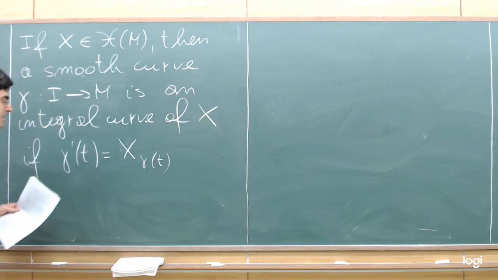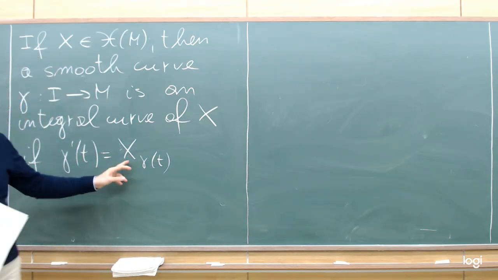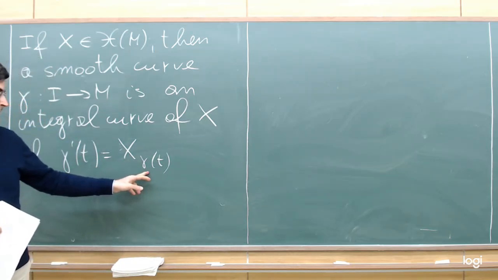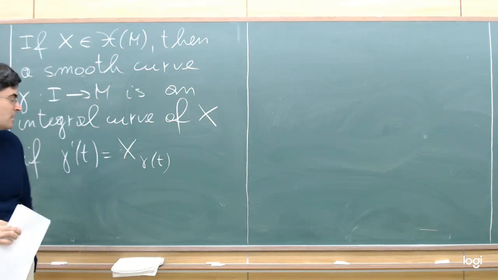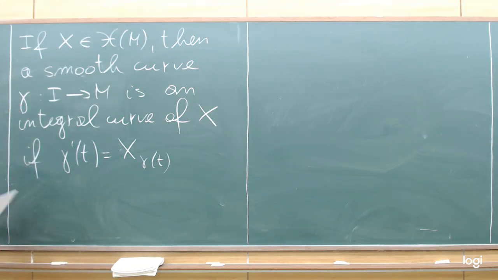So this means that X evaluated at gamma t is the velocity vector of gamma.